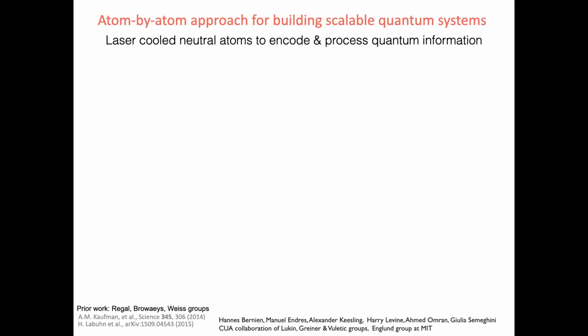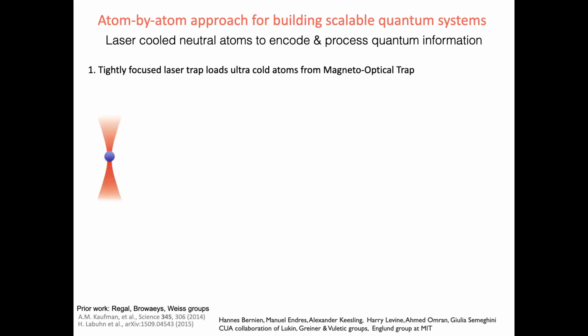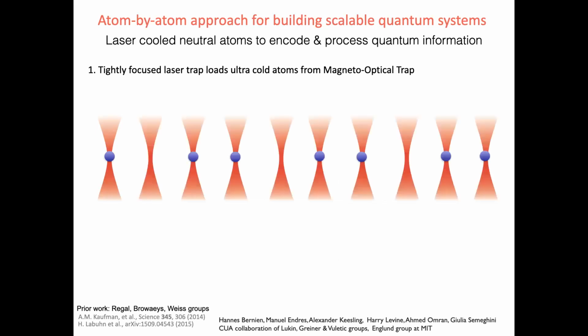So the approach that we will be taking involves essentially building quantum systems atom by atom. We'll start with a cloud of cold atoms, and we'll use optical tweezers to grab atoms one at a time. And rather than just using one tweezer, we're now using thousands of tweezers, and we create these arrays.